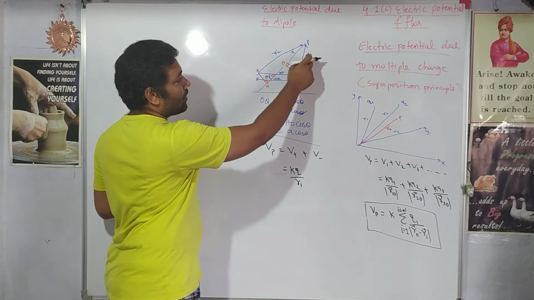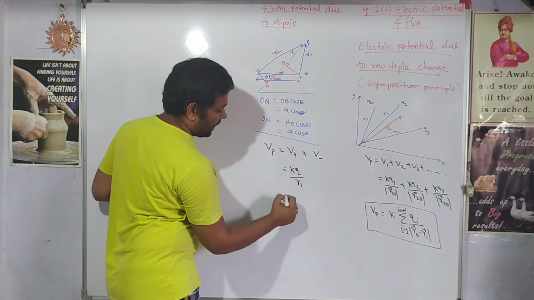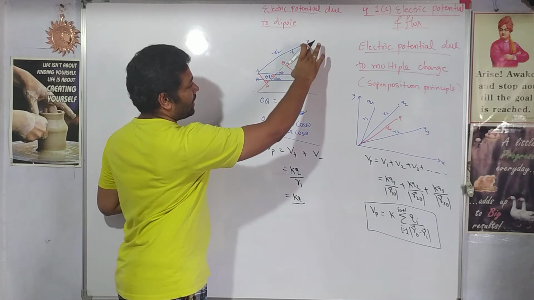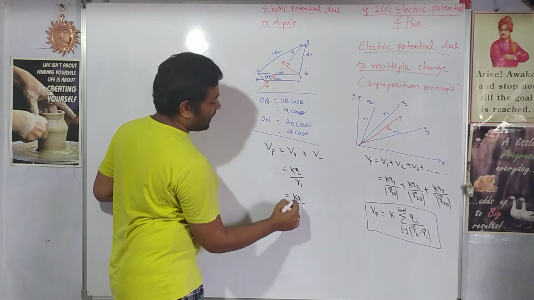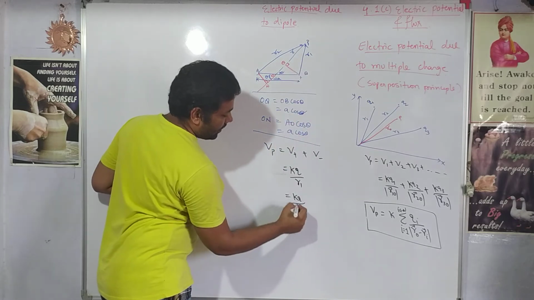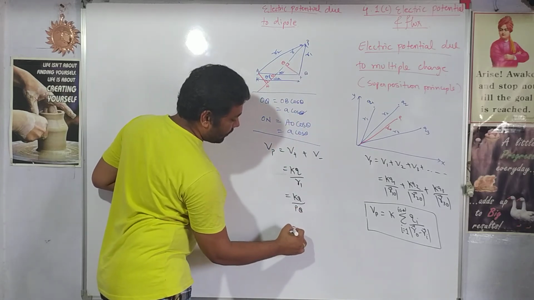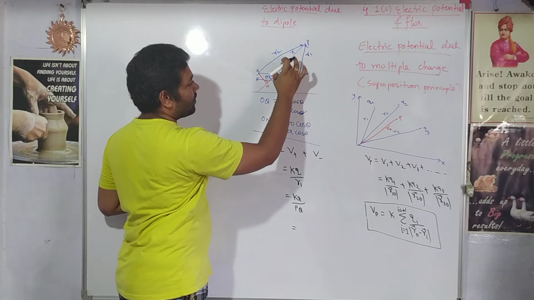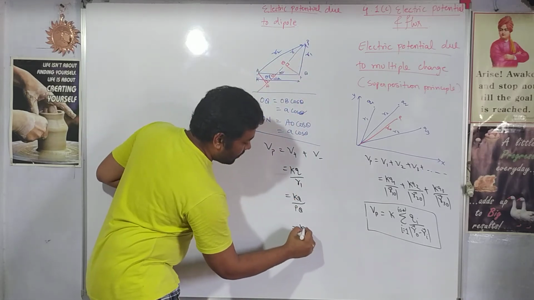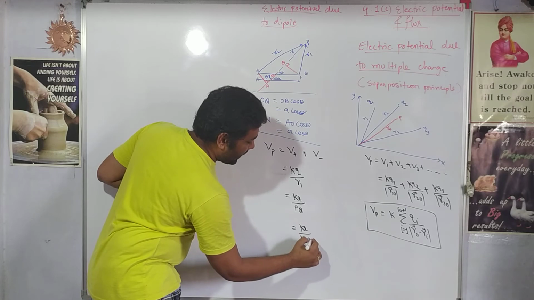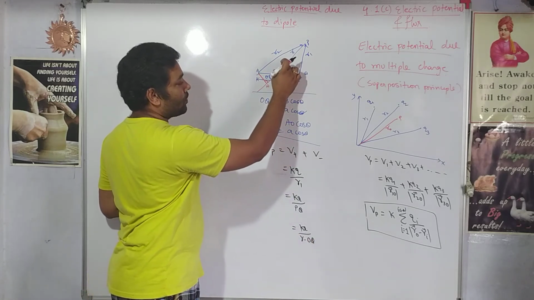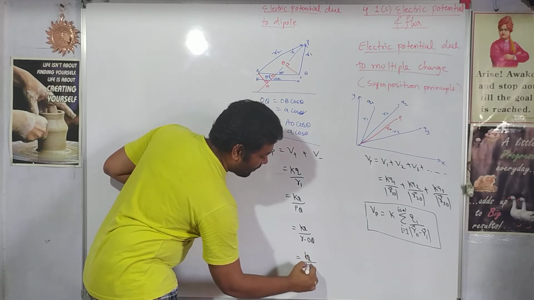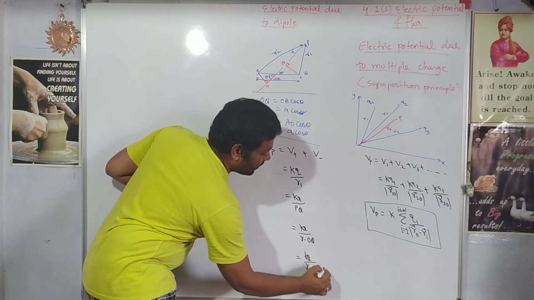I will substitute the value of R1 in terms of R. R1 is just equal to PQ, and PQ can be written as R minus OQ. And what is the value of OQ? We have already calculated it, A cos theta. So it will be KQ by R minus A cos theta.